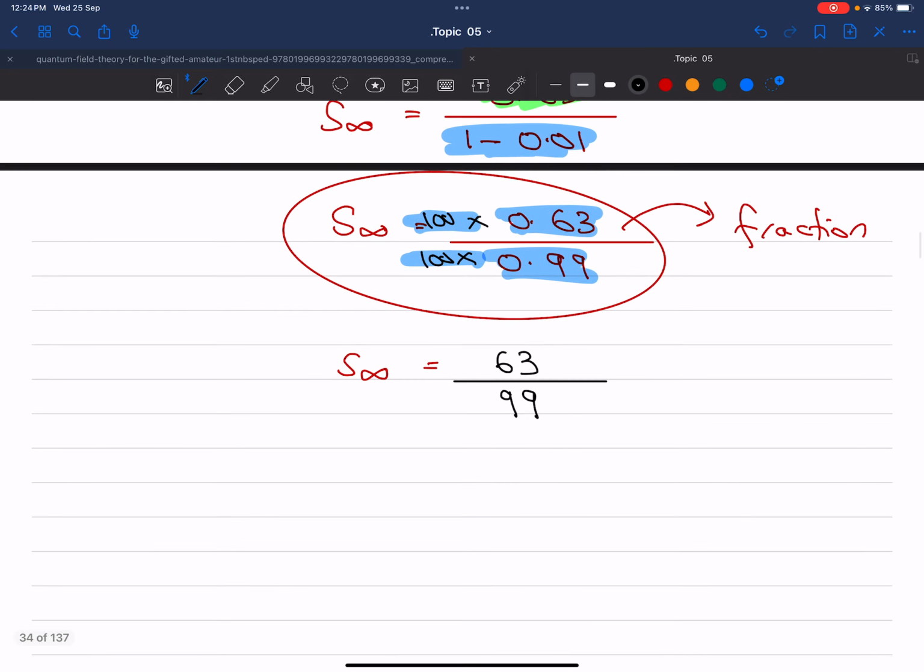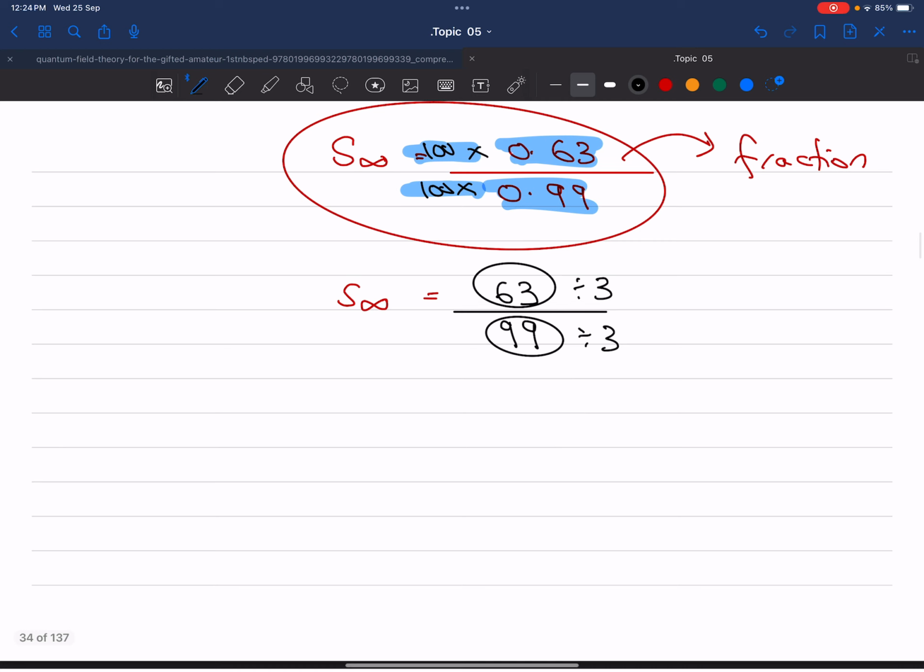And of course we can simplify this. I'm going to divide the 63 and the 99 by 3. So now S infinity, 63 divided by 3, I'm going to get 21 over 99 divided by 3, I'm going to get 33. Can you simplify again?